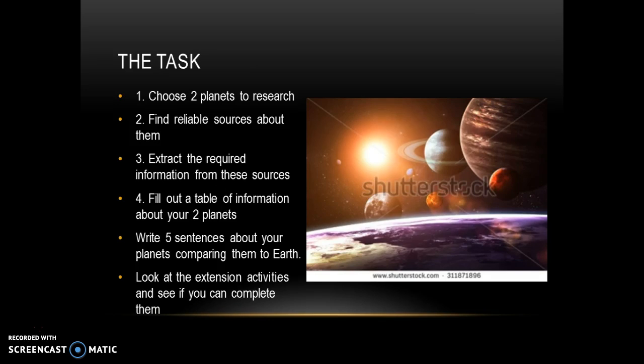The task that we're going to complete is to choose two planets to research, then find reliable sources about them, extract the required information from these sources, fill out a table of information about the two planets, then write 5 sentences about those planets comparing them to Earth.